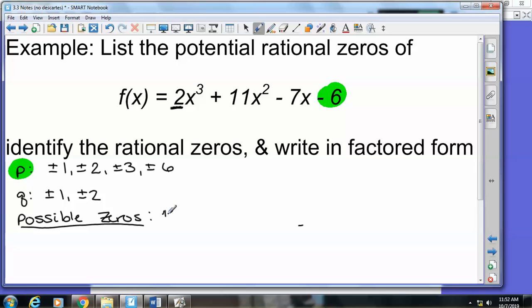So 1 divided by 1 is 1. So we have plus and minus 1. Then we would have 1 over 2, plus or minus 1/2. P over Q. So my next P is 2, so I can do 2 over 1. 2 over 2 is 1. I already have it, so I don't need to list it again. 3 over 1. 3 over 2.